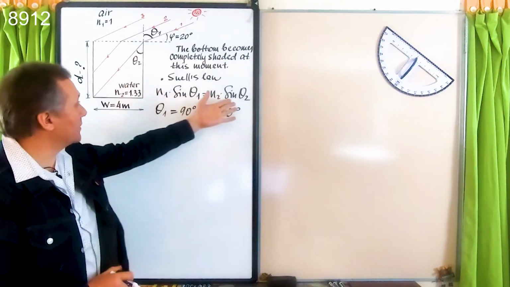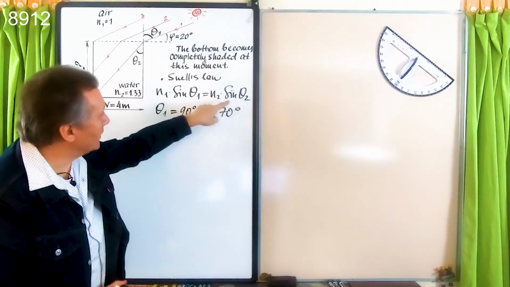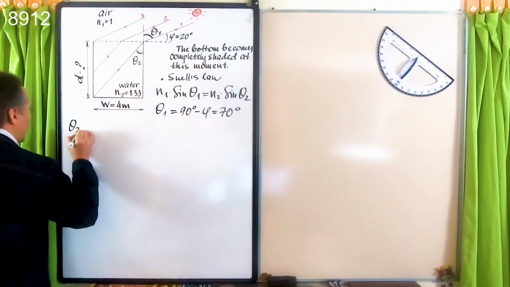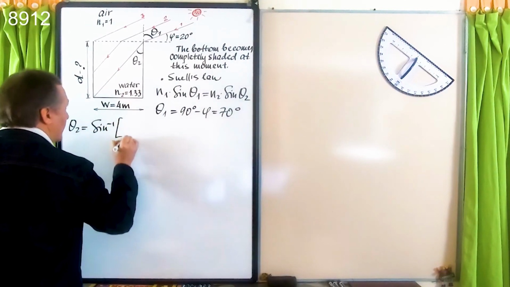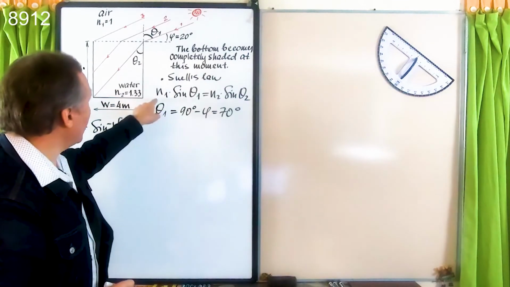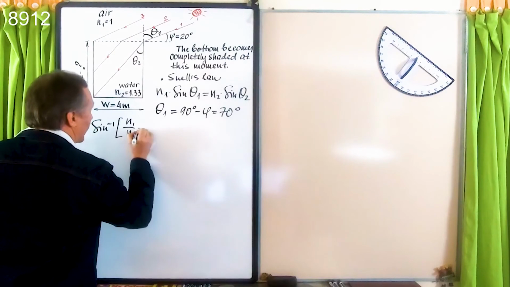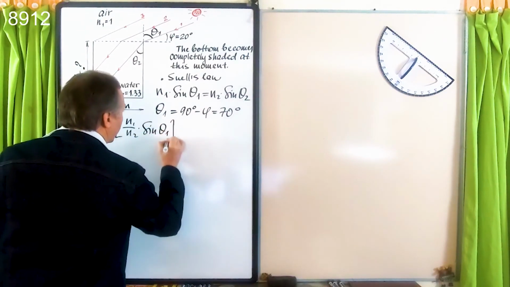Okay, so now we can easily find theta 2. This is given, this we found, this is given, so piece of cake. Theta 2 equals arc sine of n1 divided by n2, times sine of theta 1.